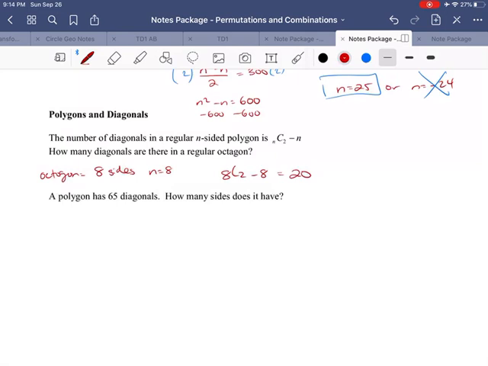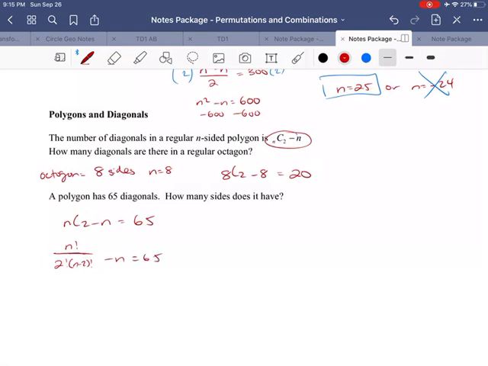diagonals. A polygon has 65 diagonals. So in this case, we know the diagonals, we don't know the number of sides. So we use the same formula that was given to us up here, and we're going to set it equal to 65. All right, let's expand the nC2 part. So n factorial over 2 factorial, n minus 2 factorial, minus n, and that equals 65.